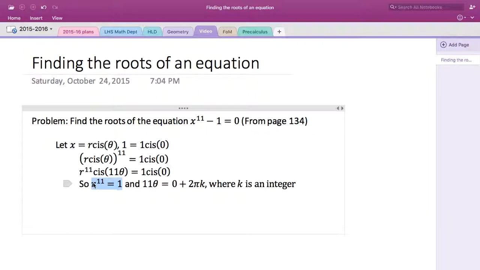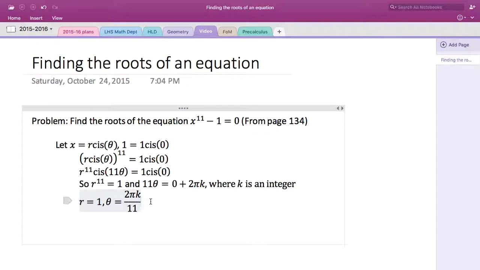So if we work on this part, r will be equal to 1, and then for this 11 theta, dividing 11 to both sides, theta will be 2 pi k over 11.